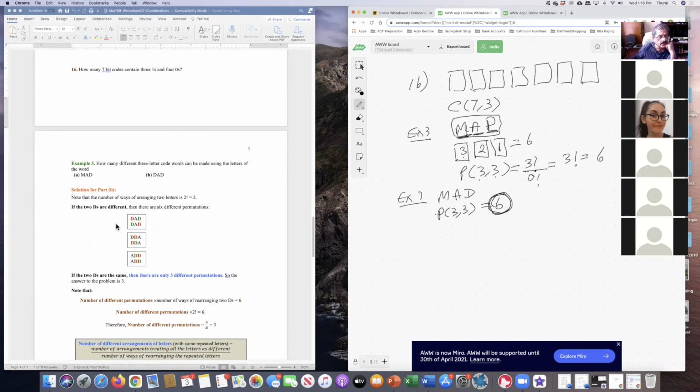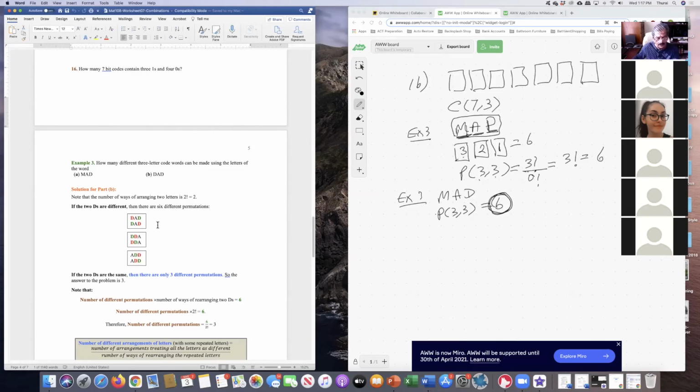If the 2 letters are different, I used two different colors, red and green. So if you consider them as different, like red D and green D, then you have 6. See, altogether in these 3 boxes, you have altogether 6 of them.